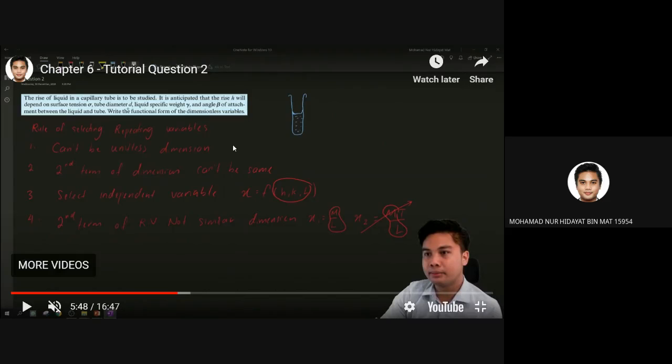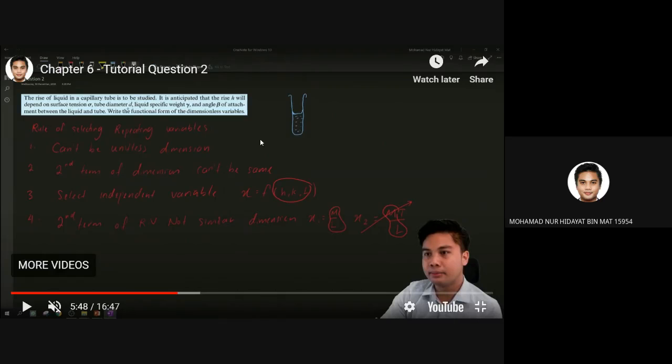All of these are not repeating variables because they don't have any dimension. There is no dimension of angle. The friction coefficient doesn't have any dimension. So we cannot select them as repeating variables.